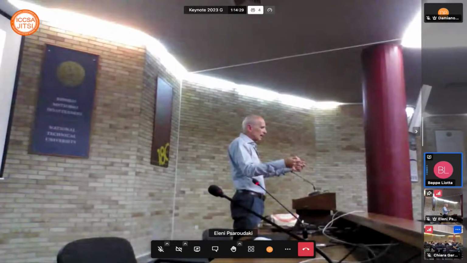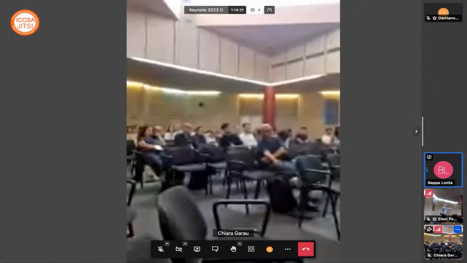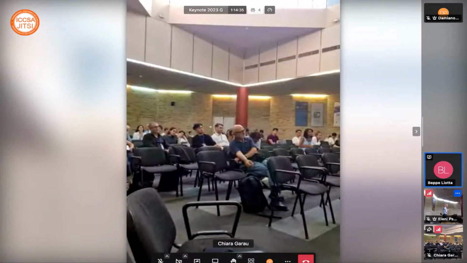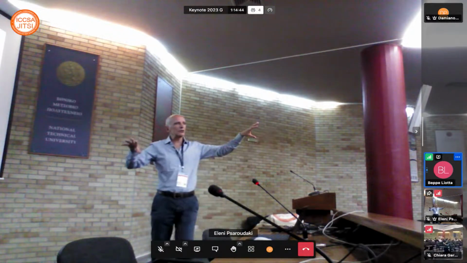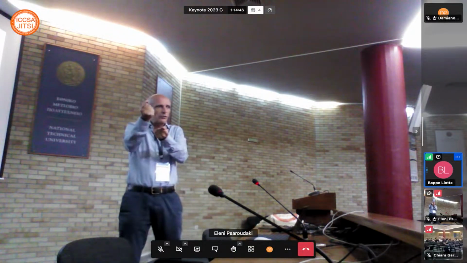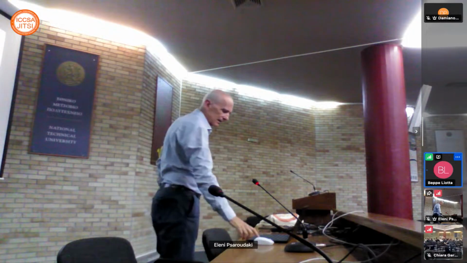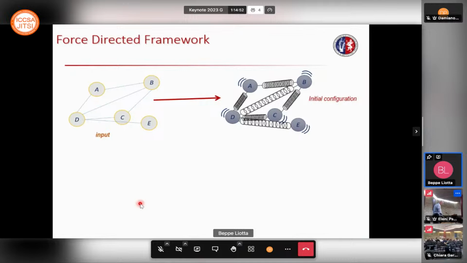Then you take this thing and throw it in the air. When it goes down on the floor, it looks for a minimum of energy. The disks try to repel each other, and the springs attract the endpoints to each other. The minimum of energy is the drawing.